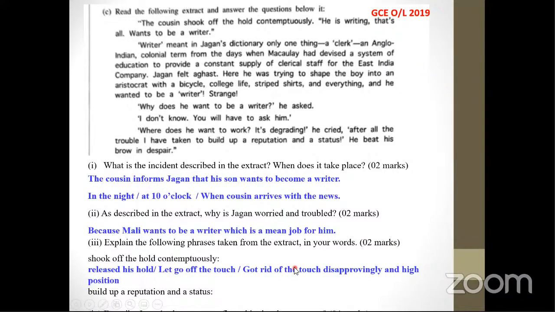He wants him to go to college, not just school. Similarly, we come across Jagan's father trying to educate Jagan. Jagan was a failure, so what he could not gain in his life, Jagan is trying to fulfill through his son. This is very natural in any context, in the father-son relationship.